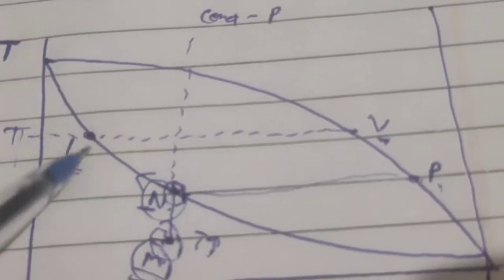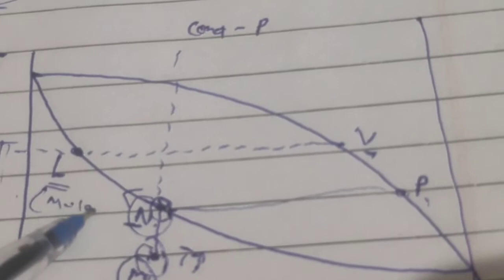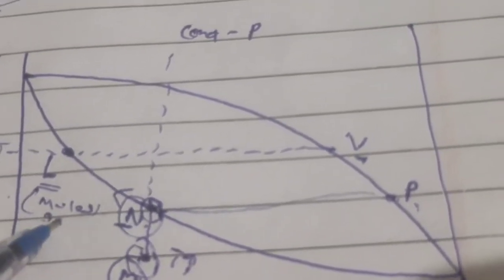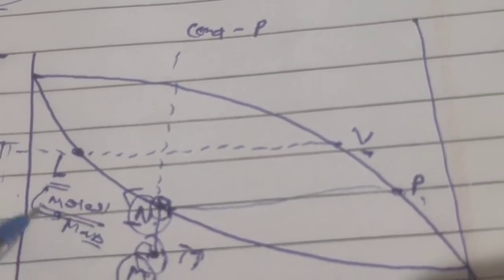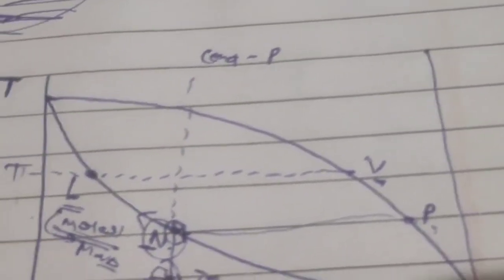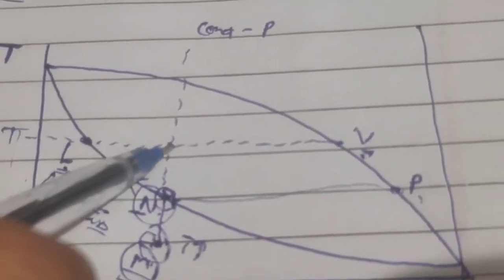I'm talking about the actual amounts, so it will be in moles or in the form of mass, but let's say we take it in moles. So you have L moles of liquid and V moles of vapor, and if you extend this line over here, this is your mixture.